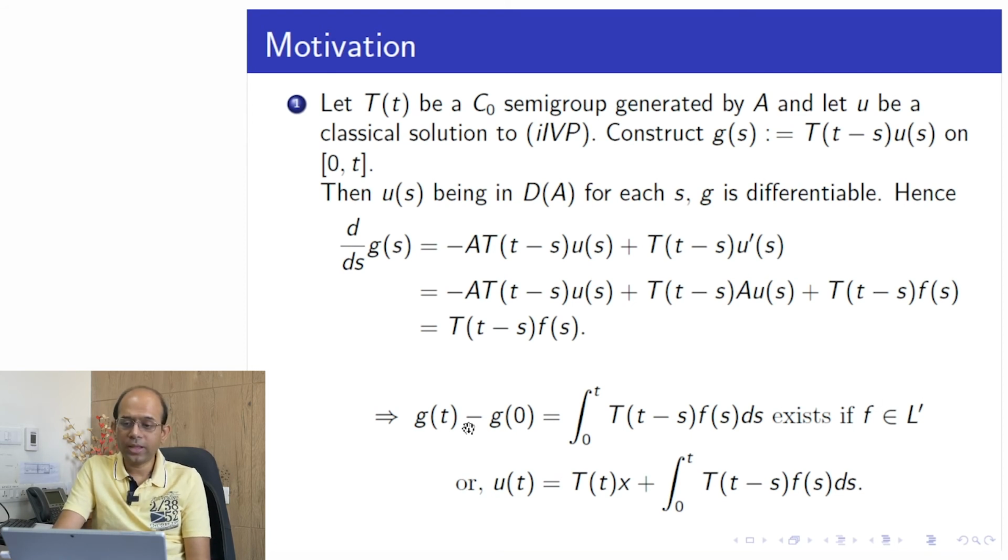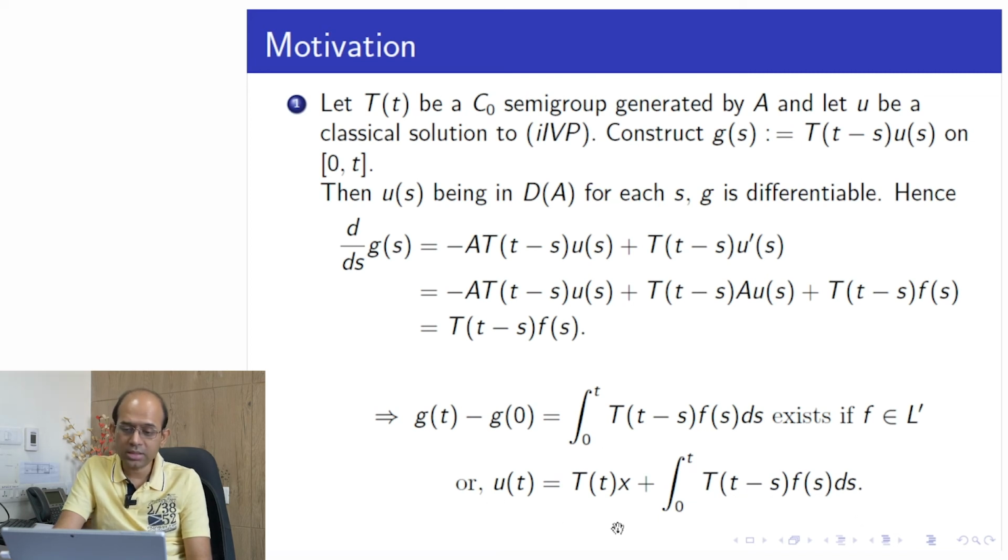So now here we know that g(t) is just u(t), and g(0) is T(t) of x. So we use that. So g(t) is u(t), so I write down u(t) here. g(0) is T(t) of x, so I take g(0) to the right hand side and get T(t) of x here, and then plus the integral from 0 to t of T(t-s) f(s) ds.